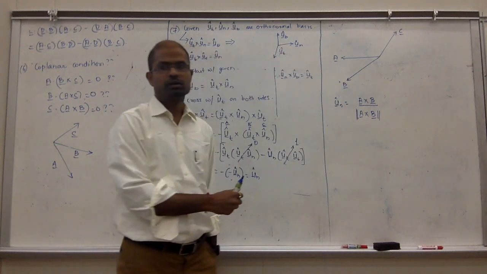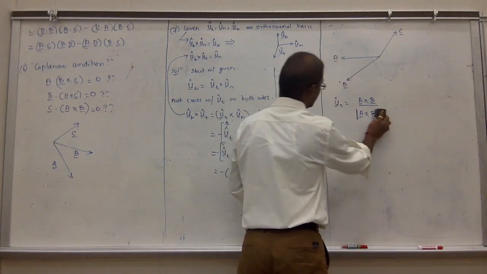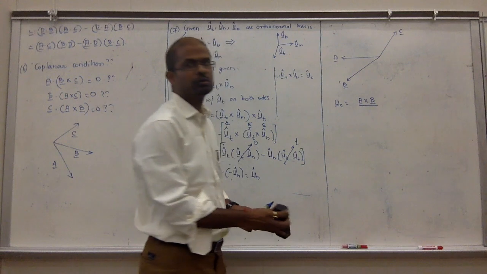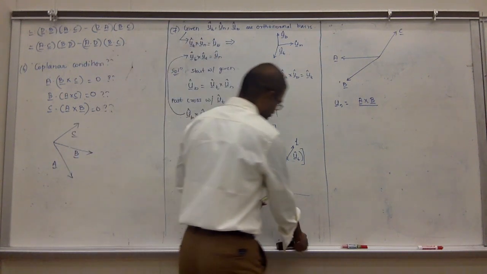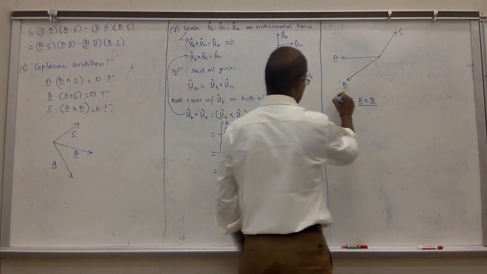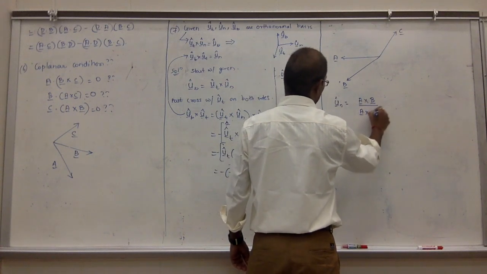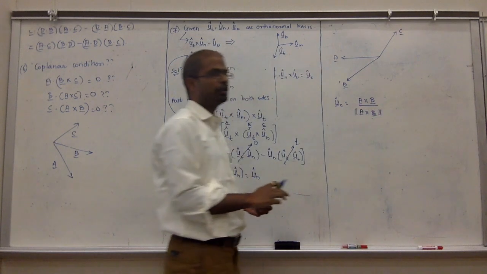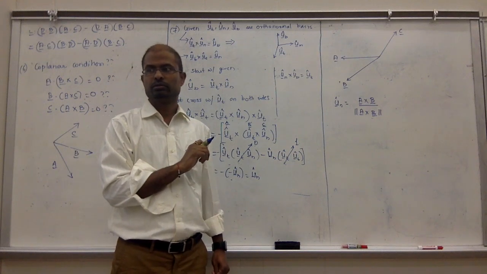If I did not divide, it would simply be a vector in that direction, it wouldn't be a unit vector. I have to divide by the magnitude of A cross B. Only then I'm going to get the unit vector.